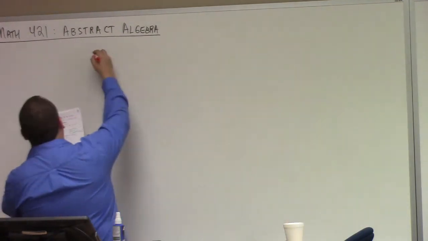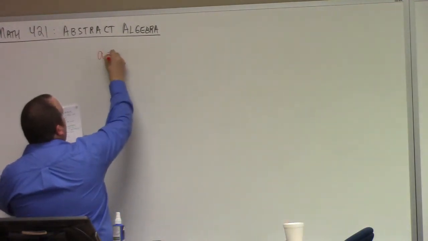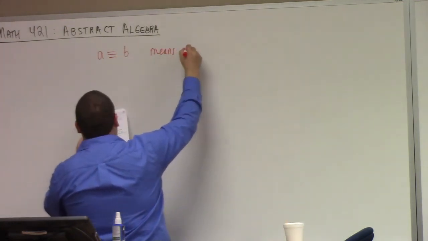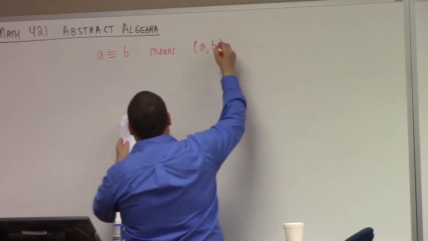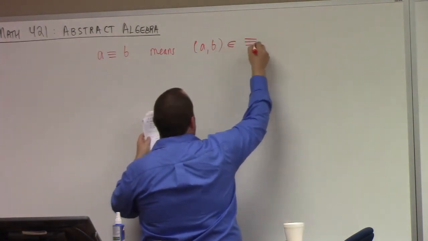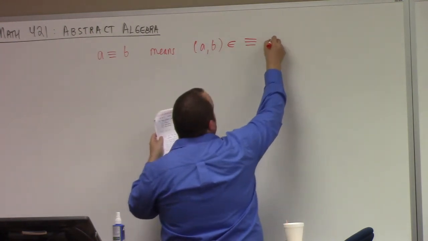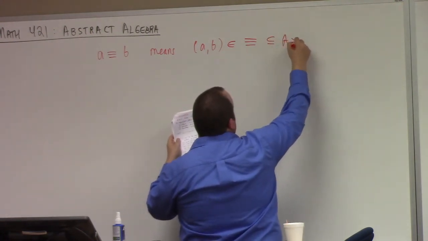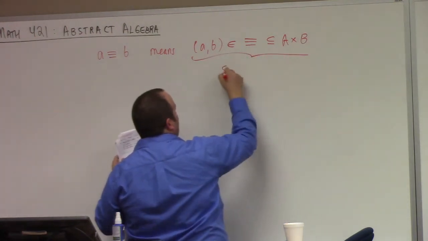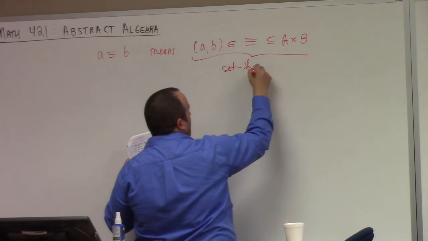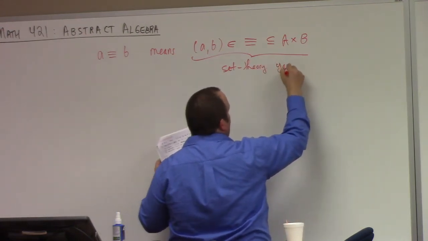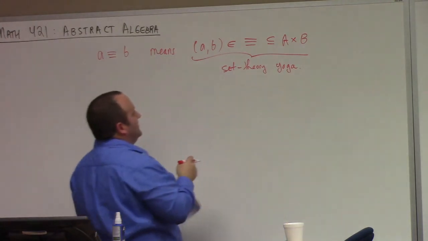But here's this notation. A equals B means, and here again it's one of these set theoretic construction things, that (A, B) is an element of the equivalence relation equals, which is a subset of A cross B. So this is the set theory yoga, whatever you want to call it, of equivalence relations.